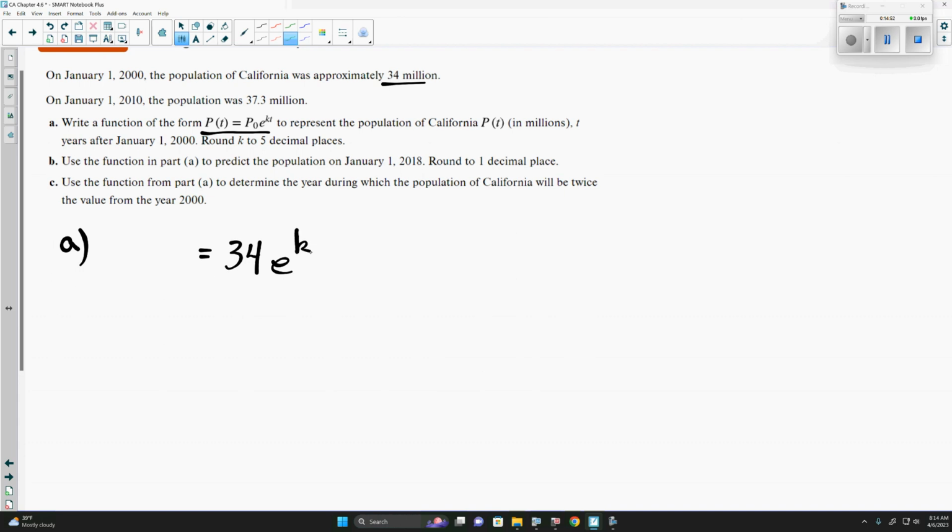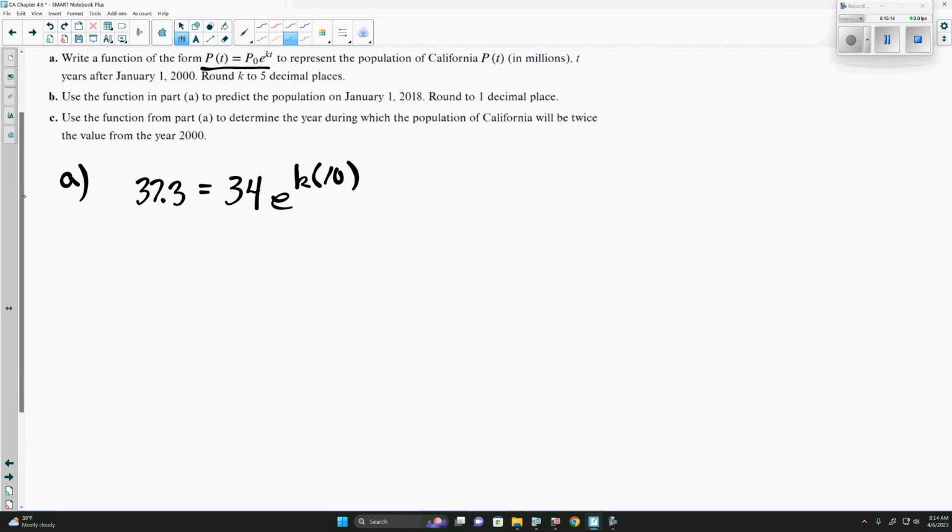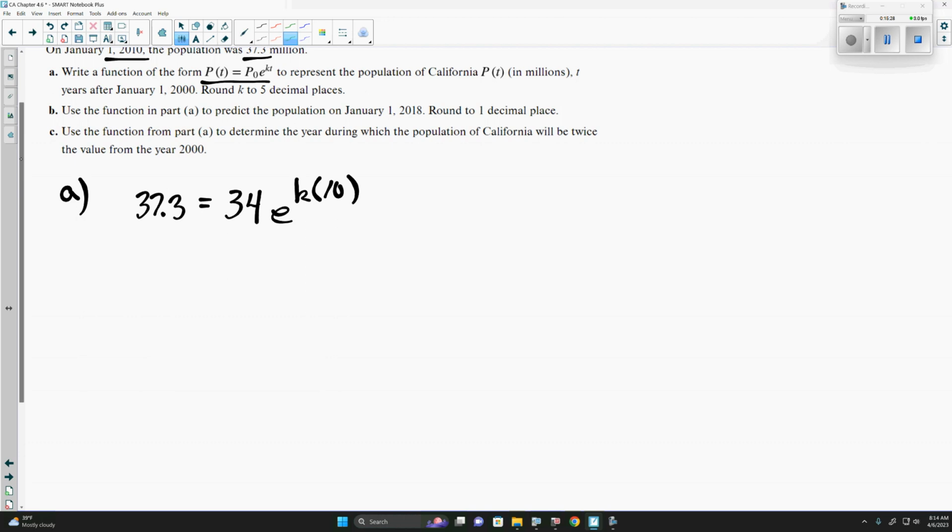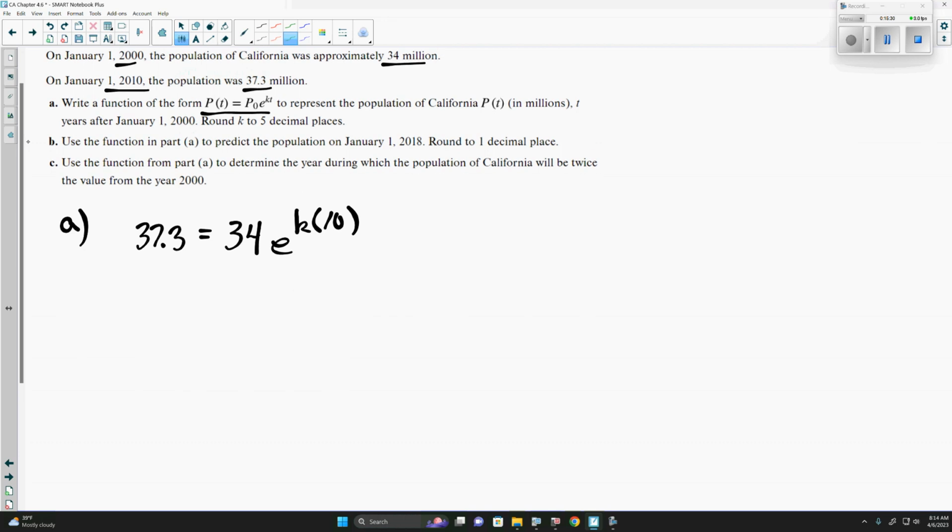We don't know what k is, but how much time has passed? From 2000 to 2010, 10 years have passed. And our P of t is now equal to 37.3 million. So all we've done so far is just plug in the information that we know. So we're looking really at P of 10 years. So our t value on the right-hand side is 10. P of 10 we already know is 37.3 million.